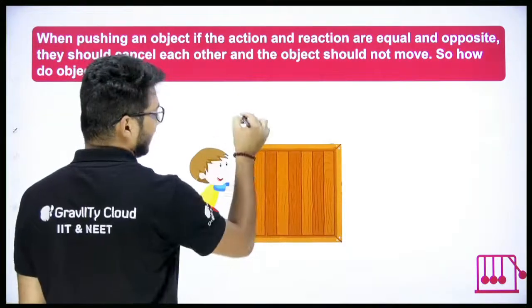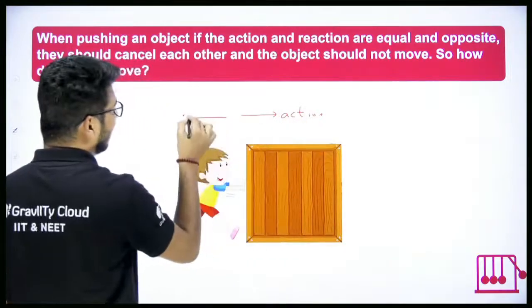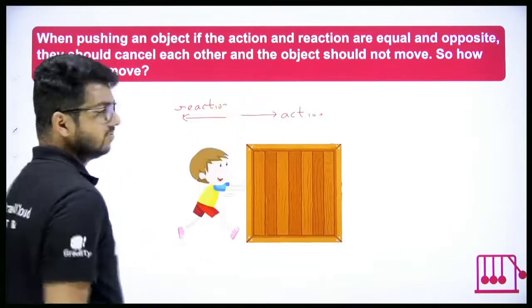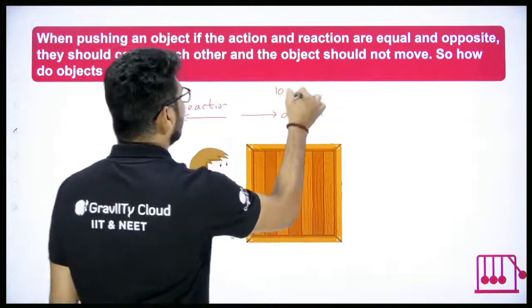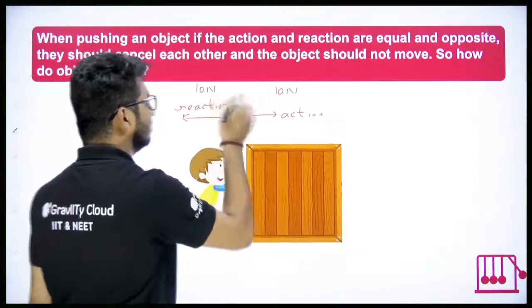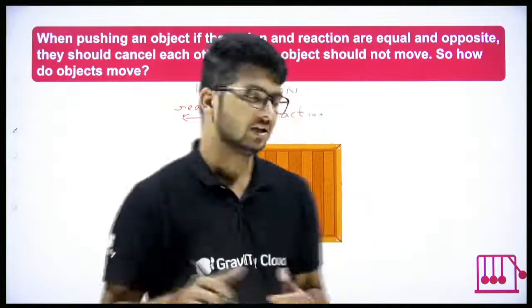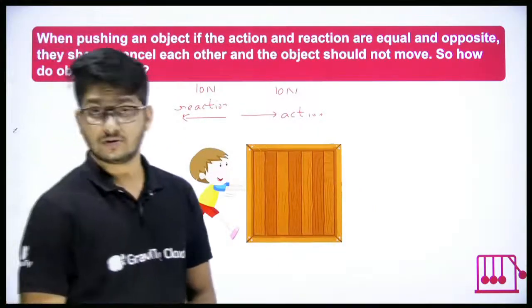Action and reaction. But the action and reaction are equal and opposite. So if there are two forces equal and opposite, they should cancel each other. If one is 10 Newton, the other is also 10 Newton. So net force should be 0. If net force is 0, the object should not move, or the box should not move. But it moves. Why?